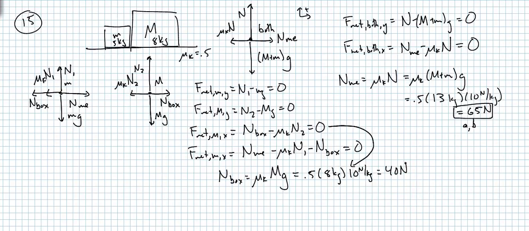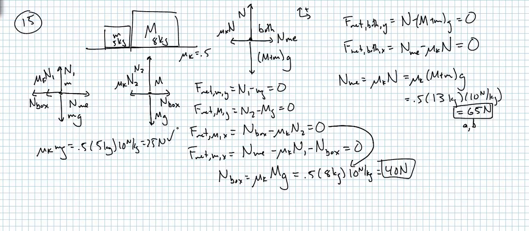So let's check and make sure that everything checks out just to be sure. So n me was 65 newtons, n box is 40 newtons, so hopefully mu sub k n1 would be 25 newtons, and mu sub k n1 would be mu sub k little mg, which is 0.5 times 5 kilograms times 10 newtons per kilogram, which is 25 newtons.